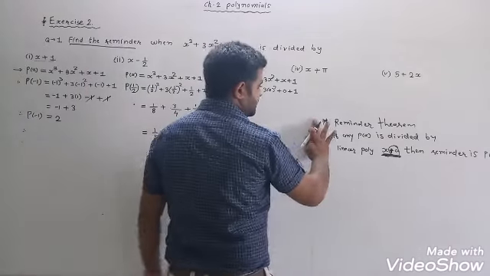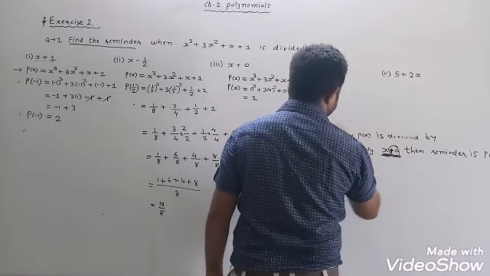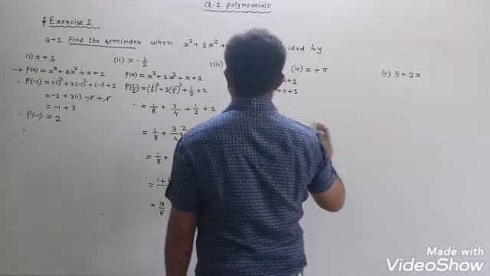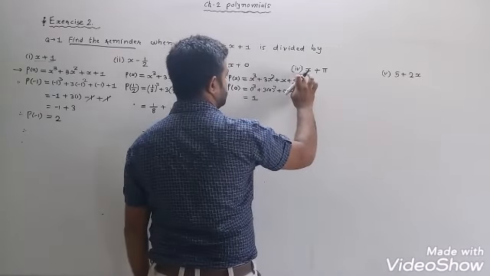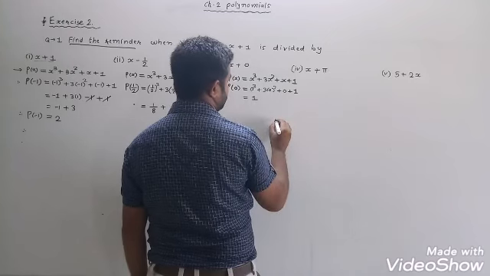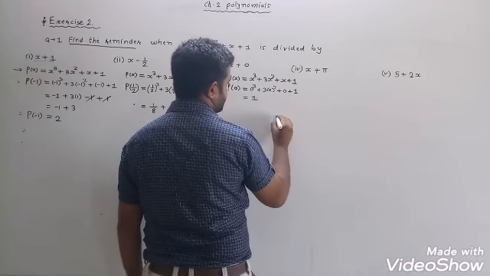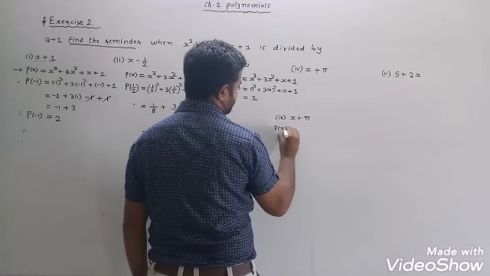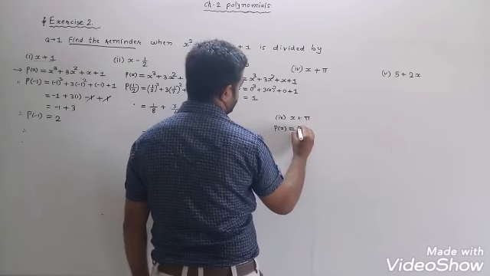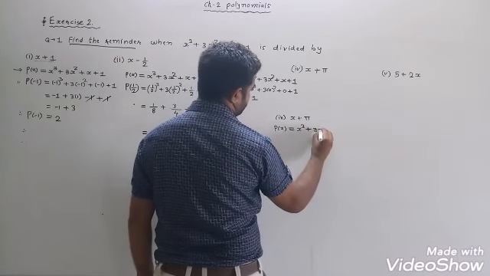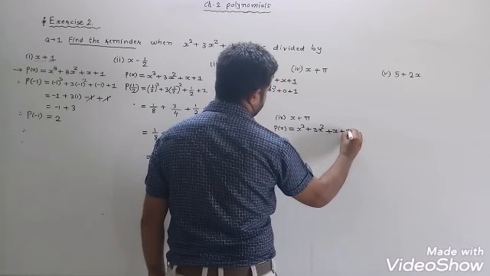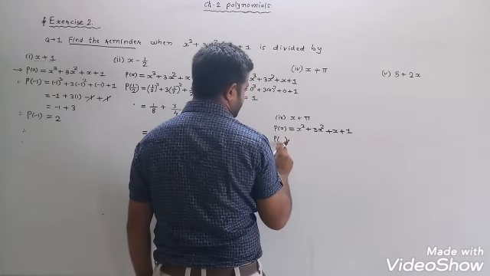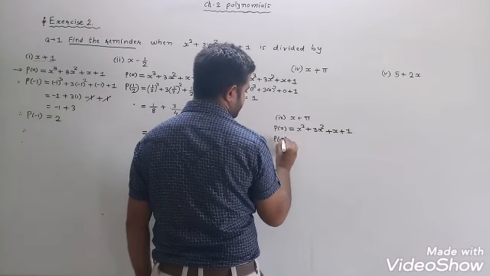Now I erase this remainder theorem here. Now the fourth question, x plus pi. I write here fourth question, x plus pi. Now the polynomial p of x is x cube plus 3x square plus x plus 1. So what is the value of x? Minus pi.